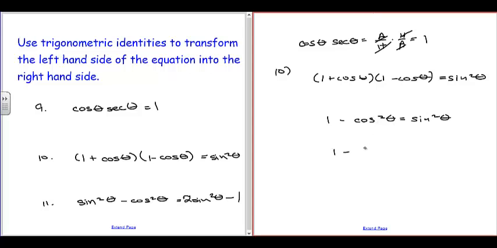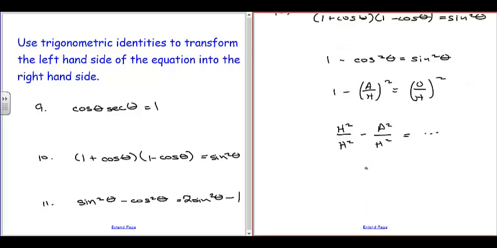So the cosine is the adjacent over the hypotenuse, and you square that, and that should be equal to opposite over hypotenuse squared. Now if we transform the left-hand side to find a common denominator, we'd have hypotenuse squared over hypotenuse squared minus adjacent squared over hypotenuse squared.